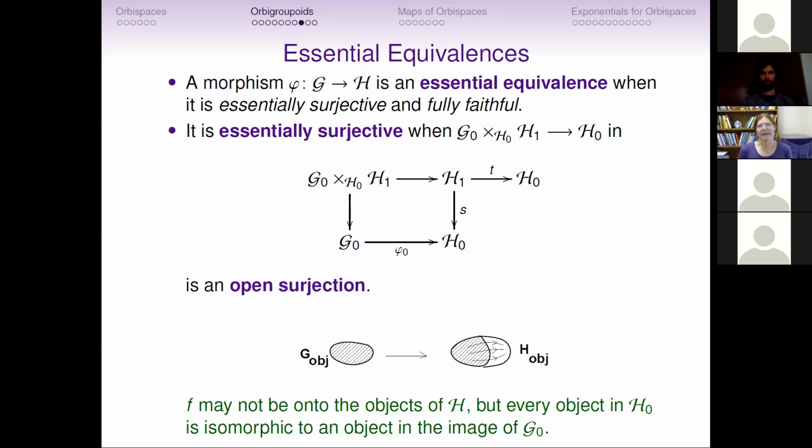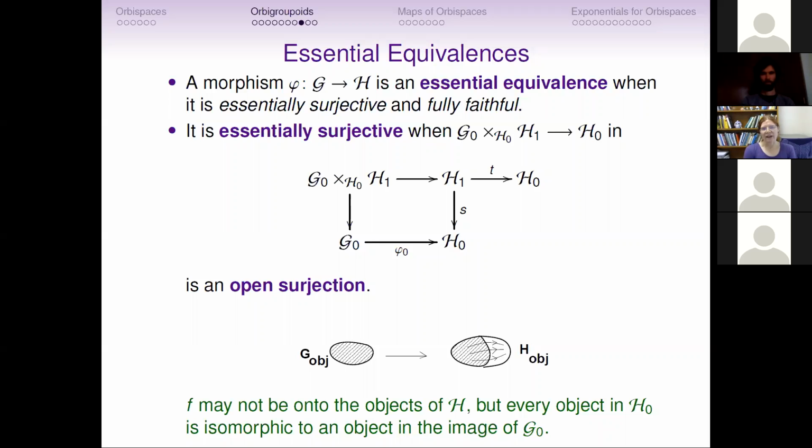Basically, we take an equivalence of categories, essentially surjective and fully faithful, and we say yes, it's that in a way that respects the topology. That's kind of the most obvious thing that you would want to do. This is the essentially surjective part: you have to hit every orbit. You don't have to hit every point, but you have to hit some copy of that point. If it's identified somewhere, somewhere in that orbit you have to hit.